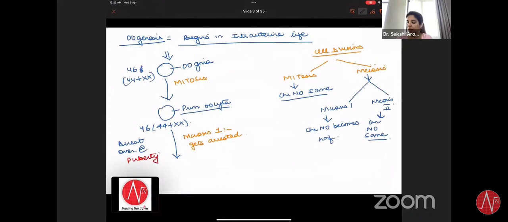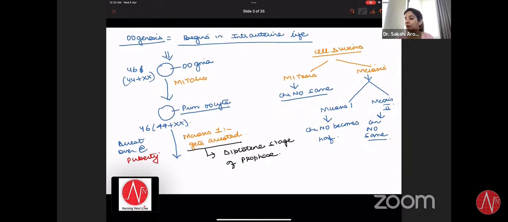Now, this arrest which was happening in meiosis 1, this happens in diplotene stage of prophase. प्रोफेज की डिप्लोटीन स्टेज में ये अरेस्ट होता है, राइट?